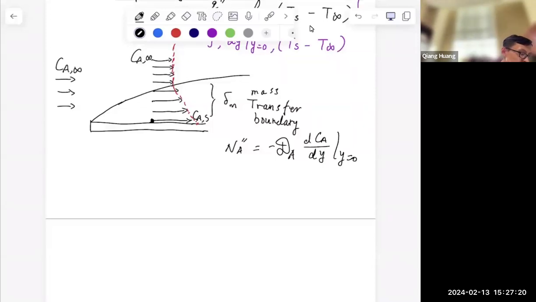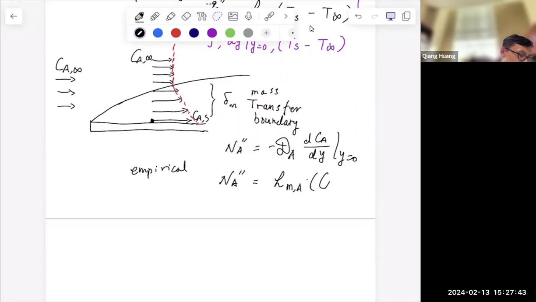And then in the empirical method, we also defined a so-called convection constant for mass transfer, for the substance A here.